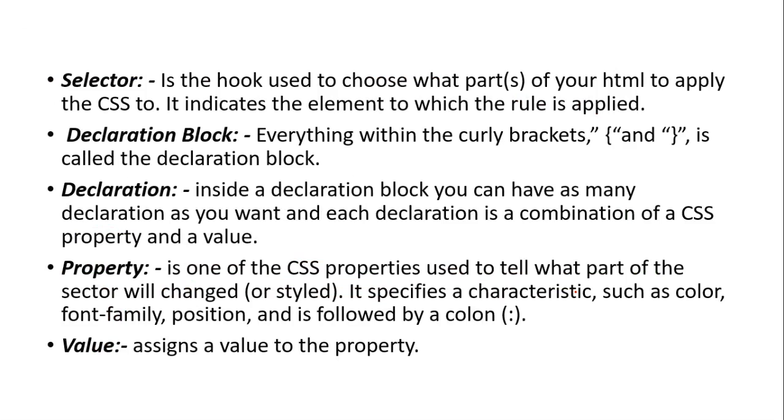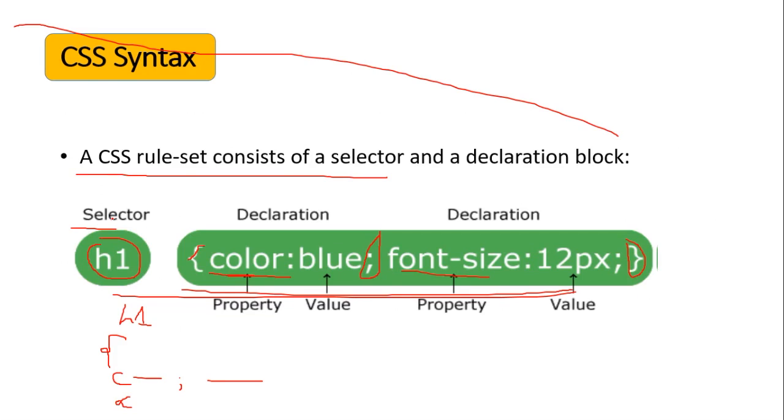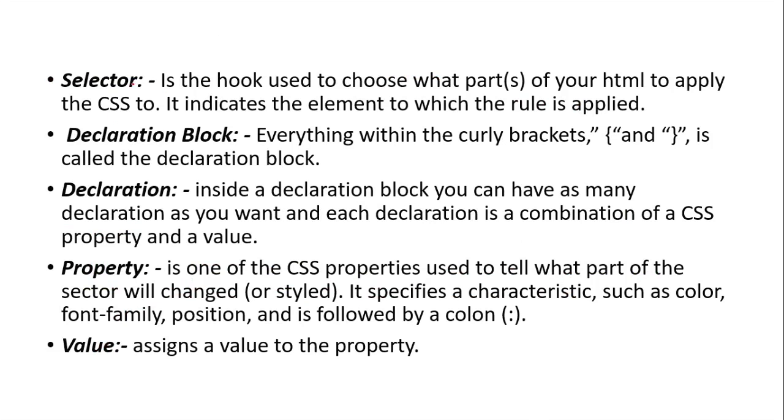All right, now we will try to learn the different blocks inside that CSS syntax. The first one we have is the selector. The selector is the hook used to choose what parts of your HTML to apply the CSS to.